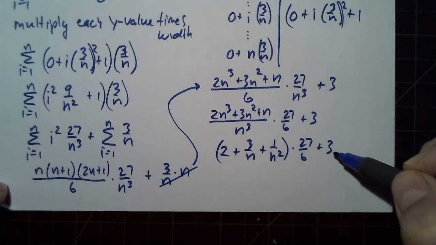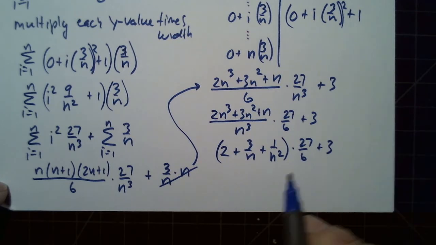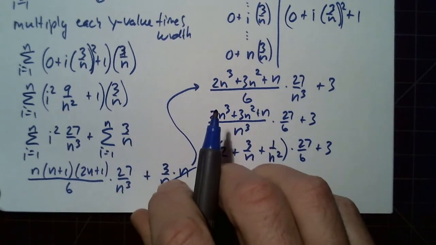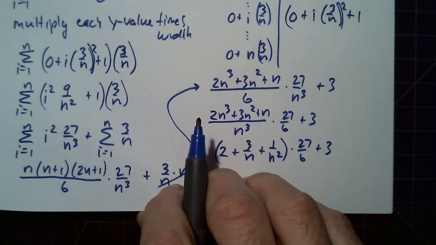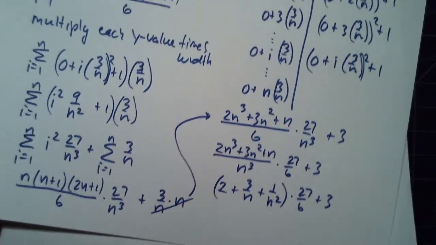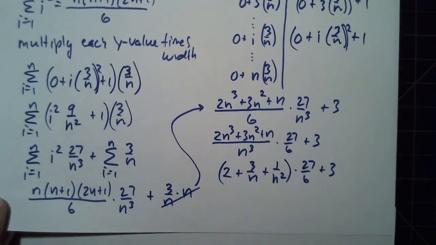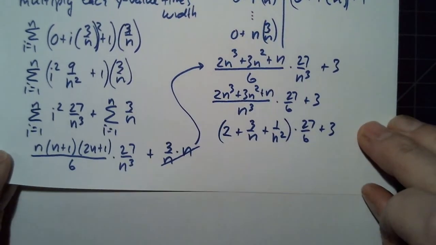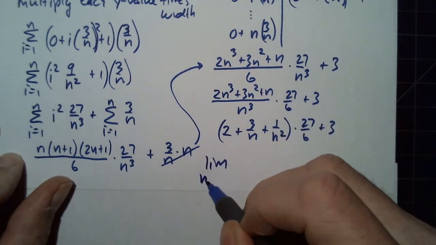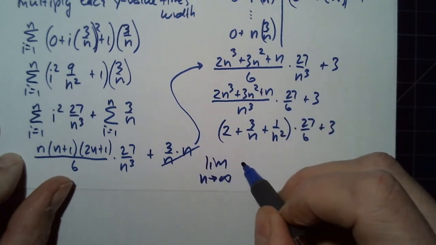Let's find the area of infinite rectangles, and all we have to do is find the limit of this as n goes to infinity. So now we find the limit as n goes to infinity of that.